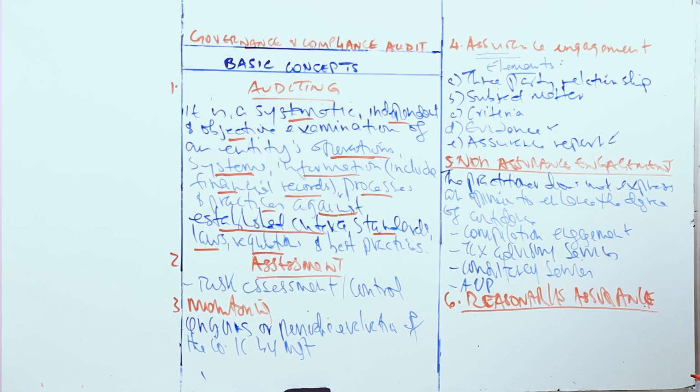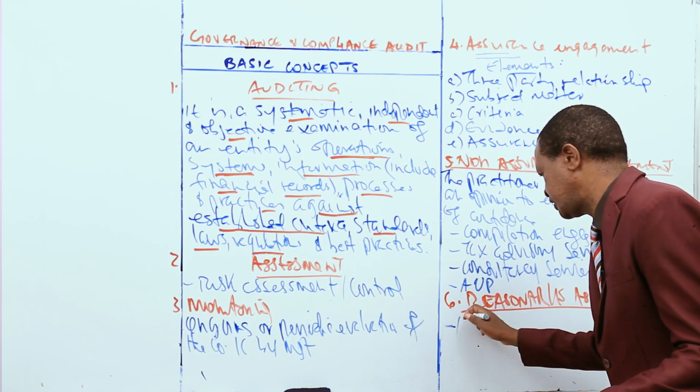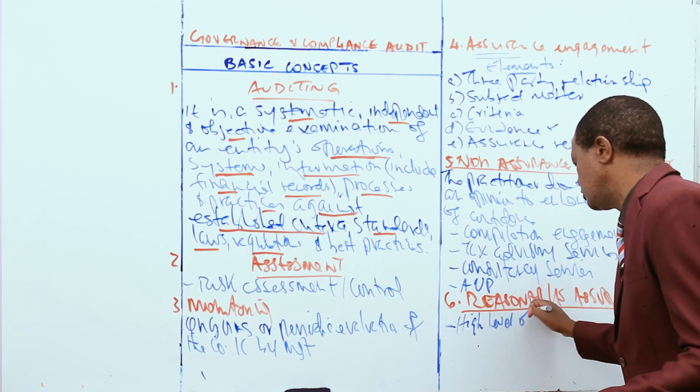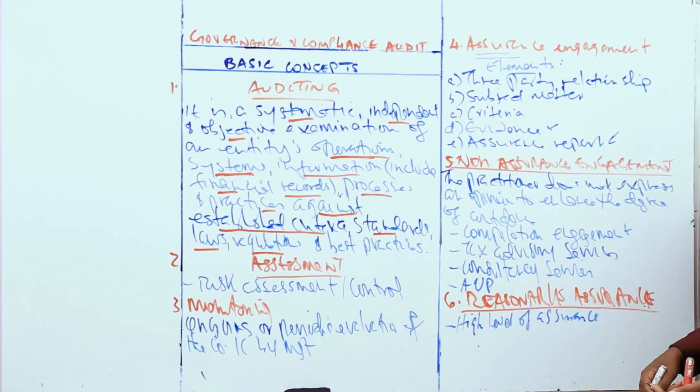We have high level assurance, then there is low level assurance. So reasonable assurance is a high level of assurance. It is high but not absolute. In fact, it's the highest level of assurance.